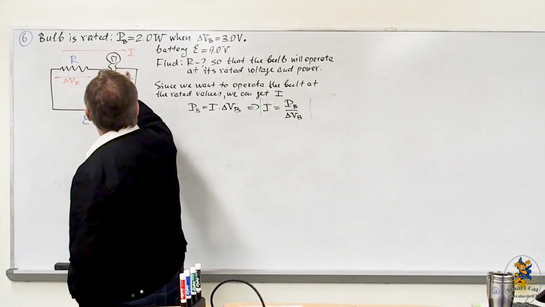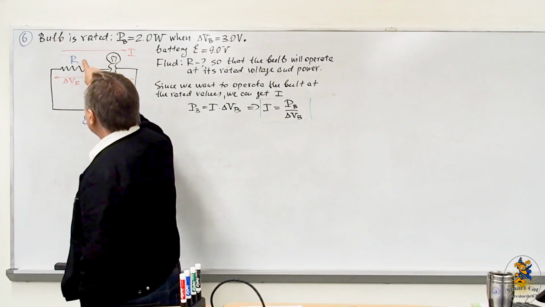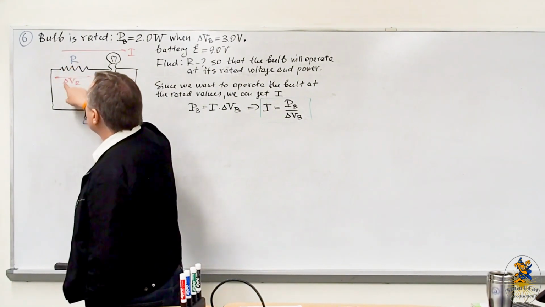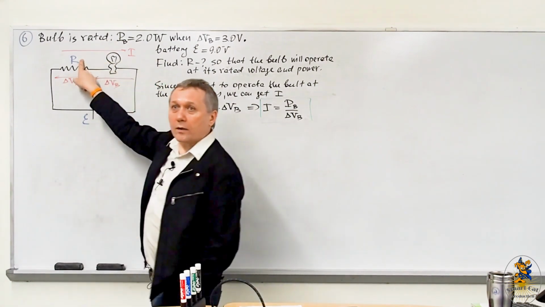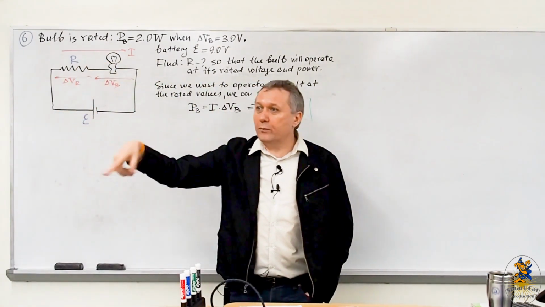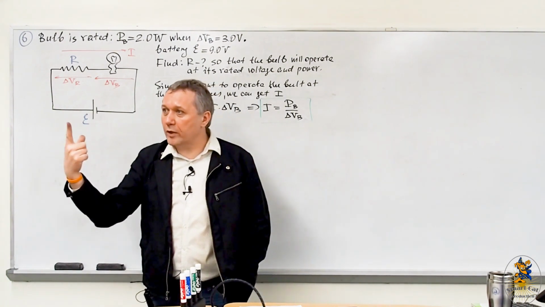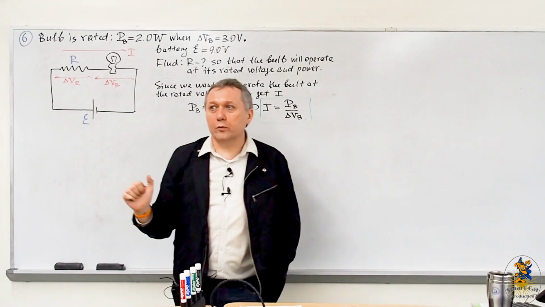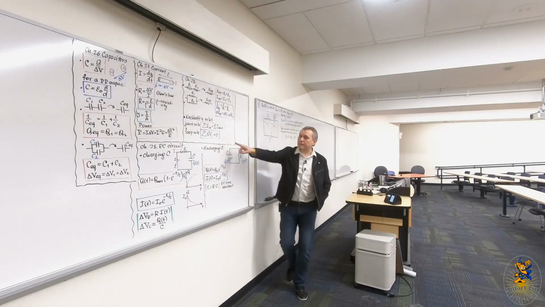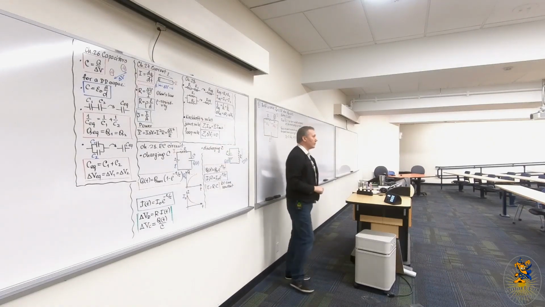So the potential difference across the bulb we will know, and the potential difference across the resistor will be just I, which we calculated, times unknown R. If we apply Kirchhoff rules, it will be one equation with one unknown R, right? So it looks like the Kirchhoff loop rule is going to help us solve the problem.